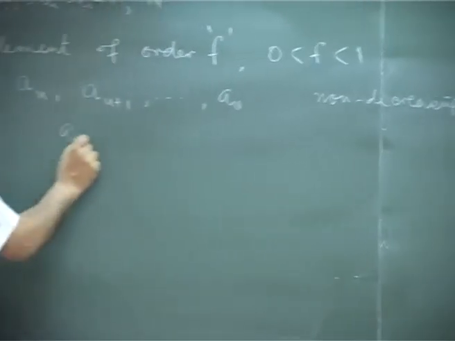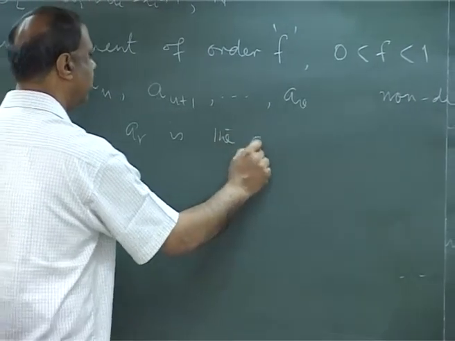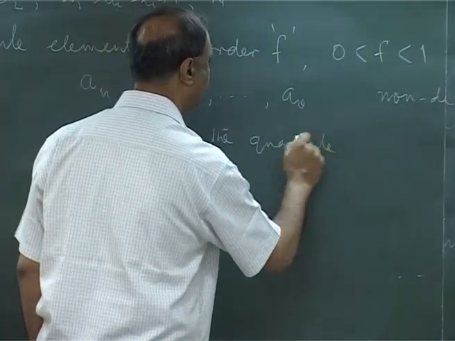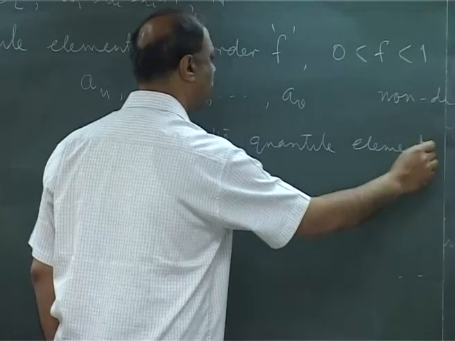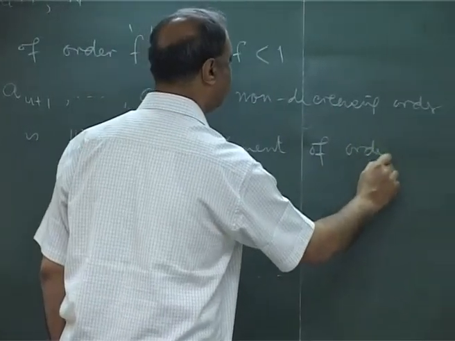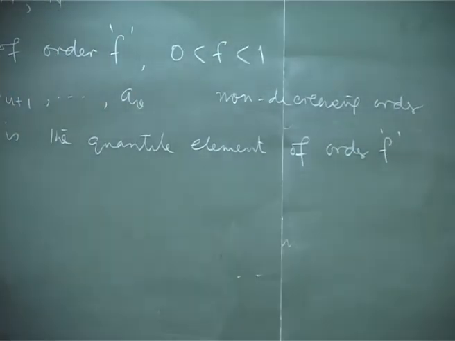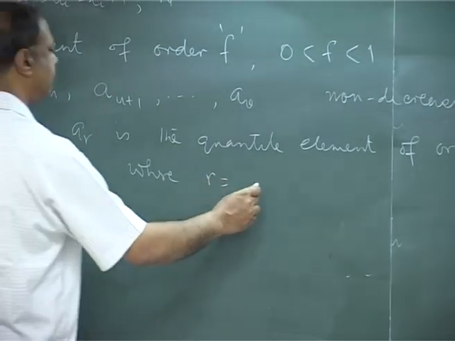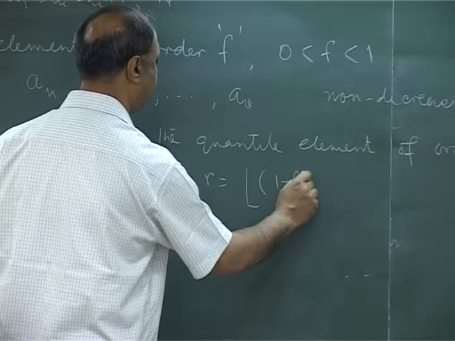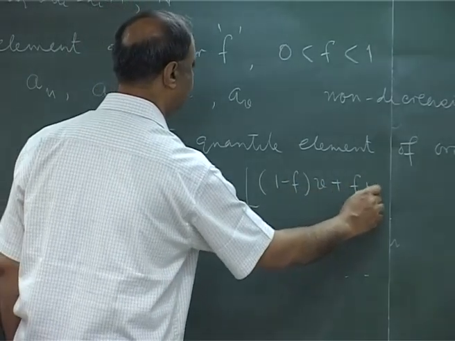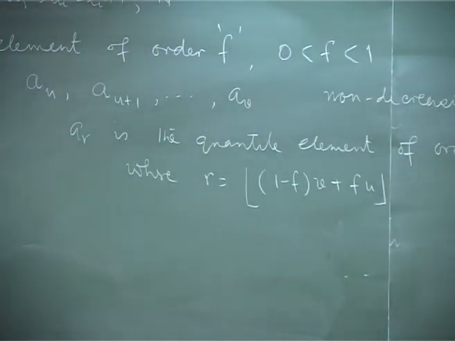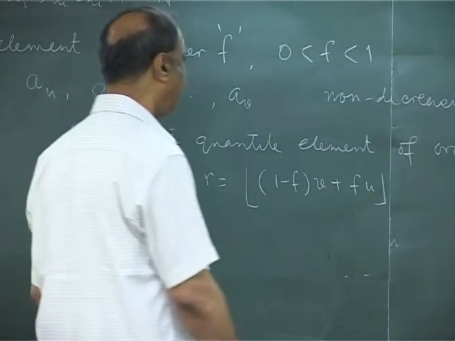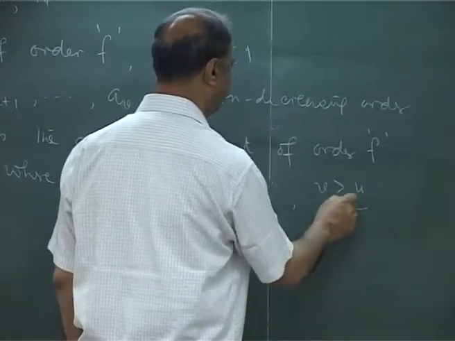Then AR is the quantile element of order F, where R is (1 minus F) times V plus F times U, where V is greater than or equal to U.